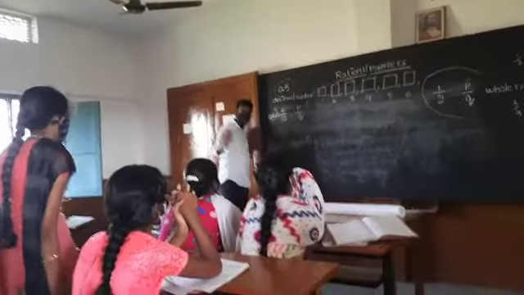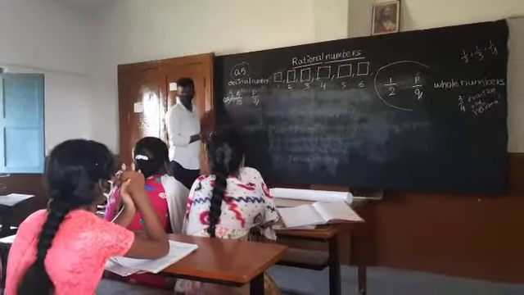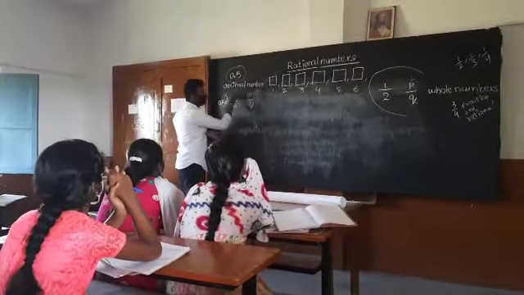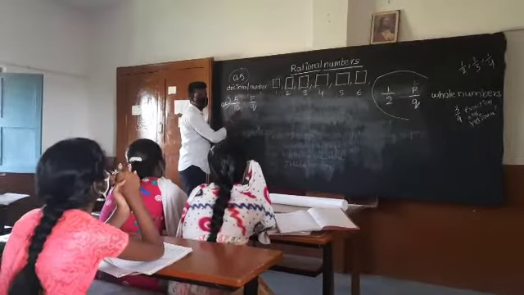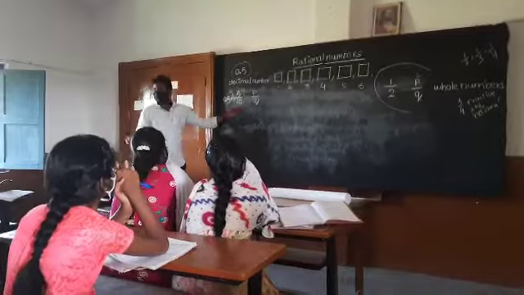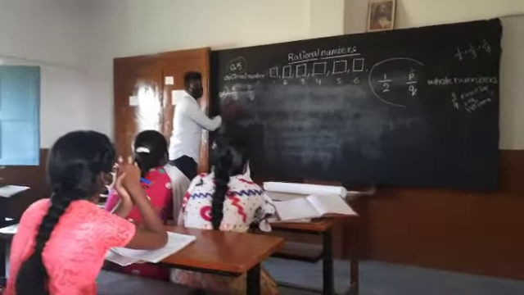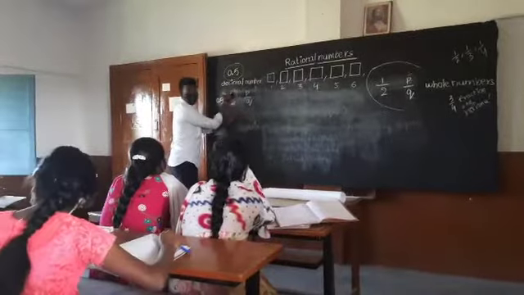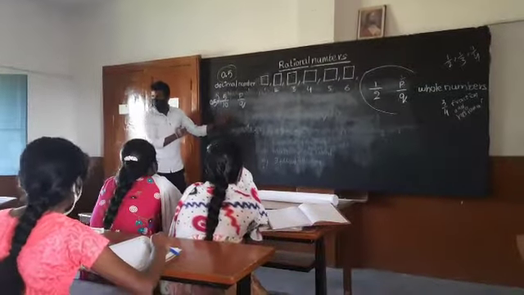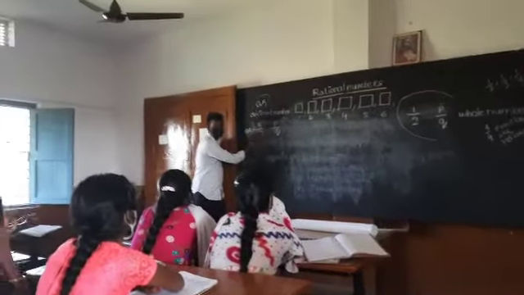Even 10 is also an integer. So both are integers, both are in P by Q form. So this is a rational number. Why? Because this is an integer, this is an integer, and this is in the form of P by Q. So 5 by 10 is nothing but 0.5 and this is a rational number.